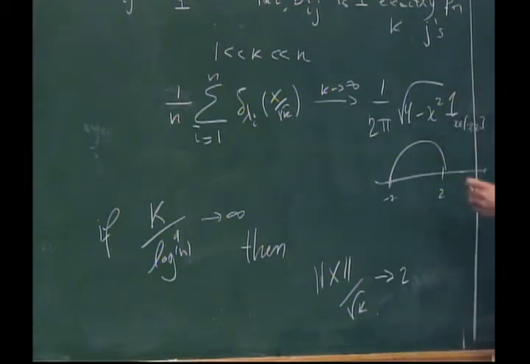Meaning that the largest eigenvalue really is here. There's nothing outside of the bulk. And that's also what happens for Wigner matrices, for example.